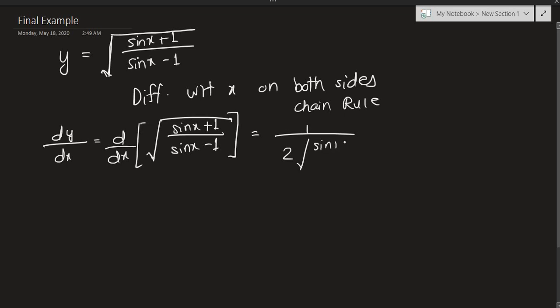So sine of x plus 1 divided by sine of x minus 1. I'm applying the chain rule, guys, times the derivative of the inside function. So the derivative of what was inside the square root function. It was sine of x plus 1 divided by the sine of x minus 1.